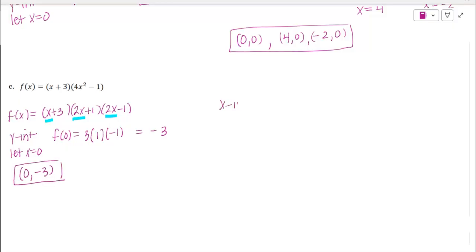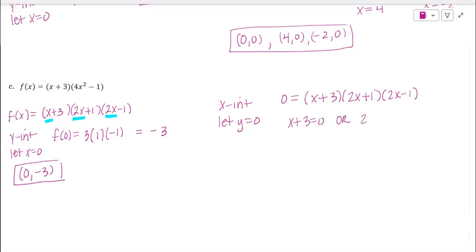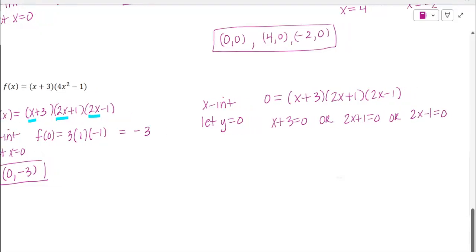For our x-intercept, we're going to let y equal 0. And we're solving the equation 0 equals (x plus 3) times (2x plus 1) and (2x minus 1). So we have x plus 3 equals 0, or 2x plus 1 equals 0, or 2x minus 1 equals 0.